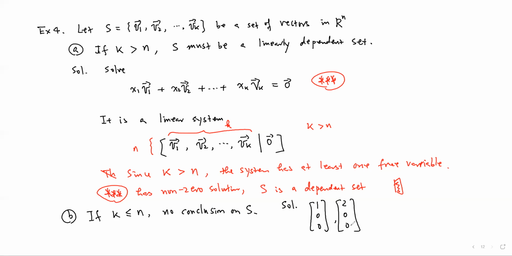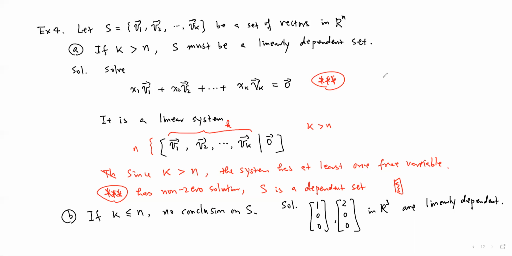Two vectors in R3. Now k is 2, k less than n. But these two vectors are linearly dependent. You agree? Because I can write 2, 0, 0 as 2 times 1, 0, 0. So the vector 2, 0, 0 depends on the vector 1, 0, 0. So this set is a dependent set.